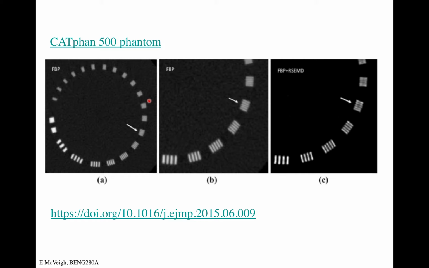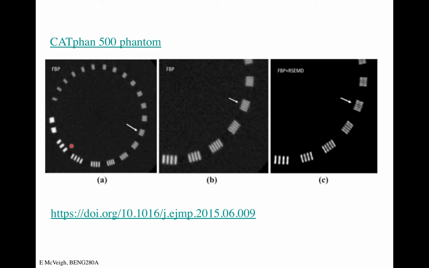Phantoms are designed such that you can just put them in there and measure directly what the spatial resolution of your system is. This is one you can buy for, I don't know, $1,000 or something. It's actually probably more than that. But these will be high contrast objects.